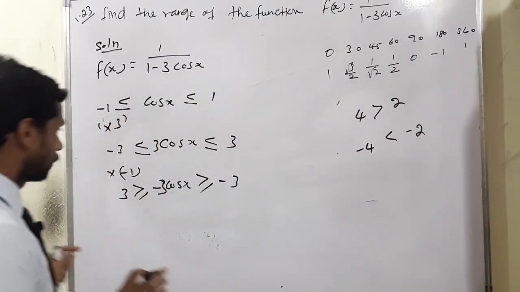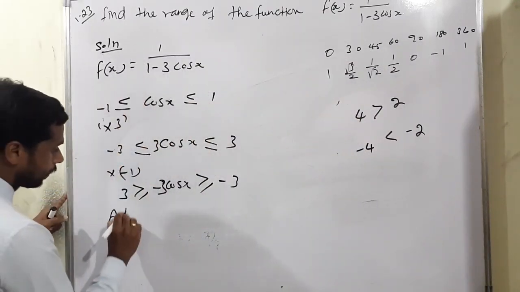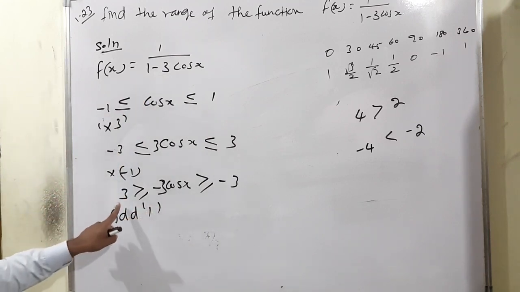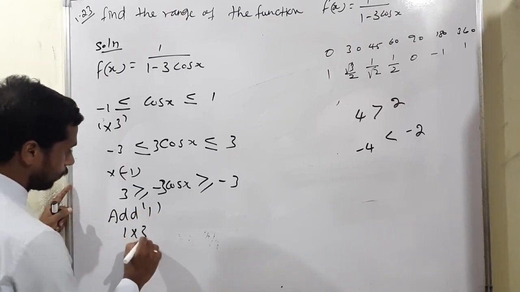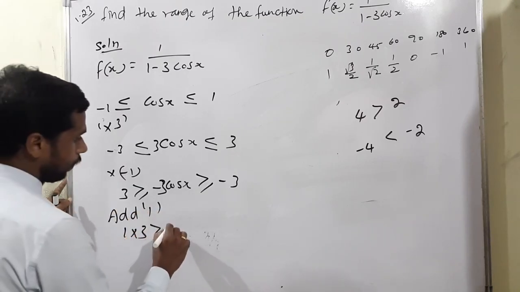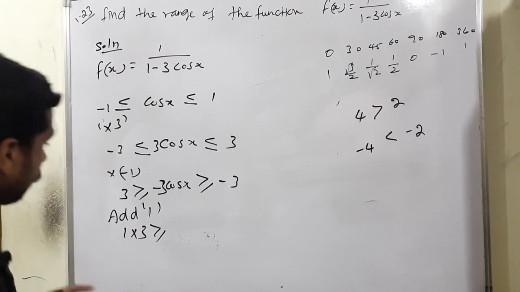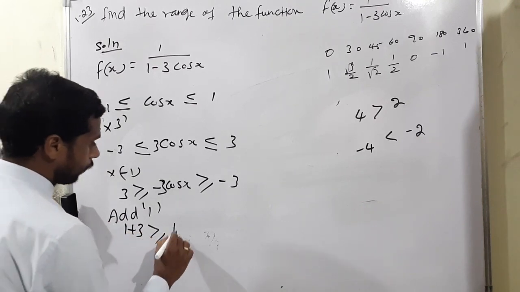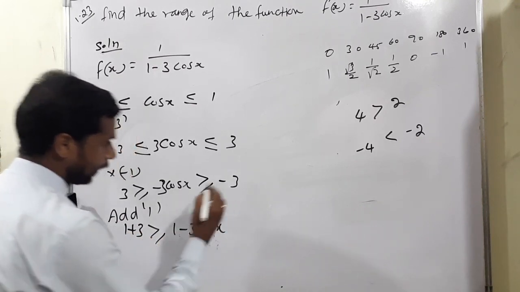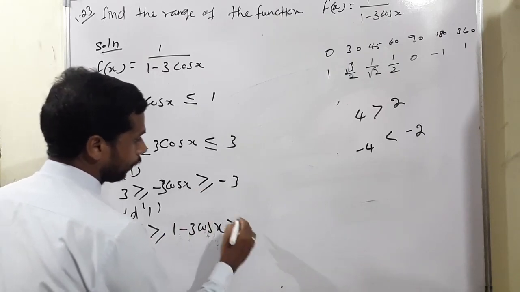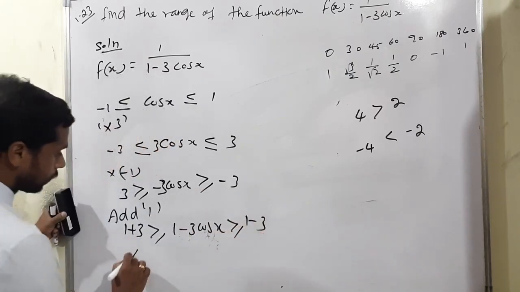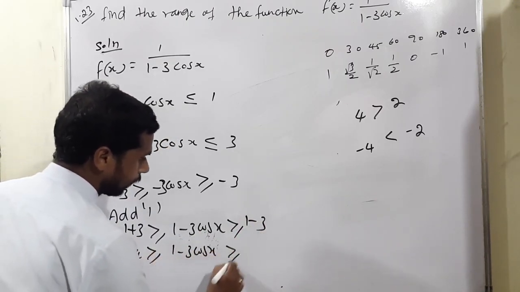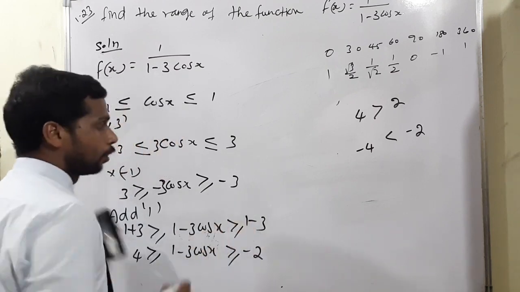Okay. Now the next step, we need to add 1. So add 1 means 1 plus 3 greater than or equal to 1 minus 3 cos x, again greater than or equal to 1 minus 3. 1 plus 3, 4 greater than or equal to 1 minus 3 cos x greater than or equal to 1 minus 3, which is minus 2.